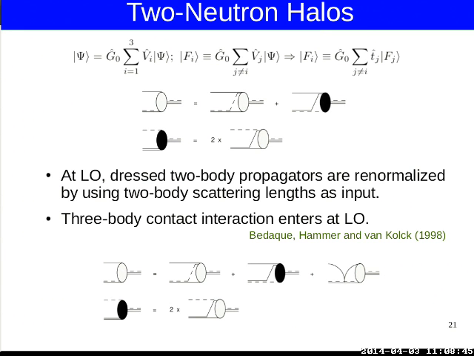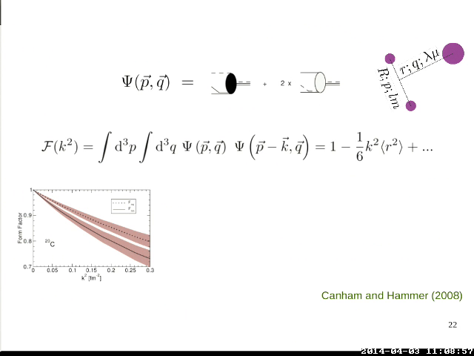Once you include that three-body contact interaction, these coupled integral equations can be solved for the spectator functions, and from that you can calculate the three-body wave function in terms of the Jacobi momenta P and Q. P is the relative momentum between the pair, and Q is the relative momentum between the spectator and pair system.